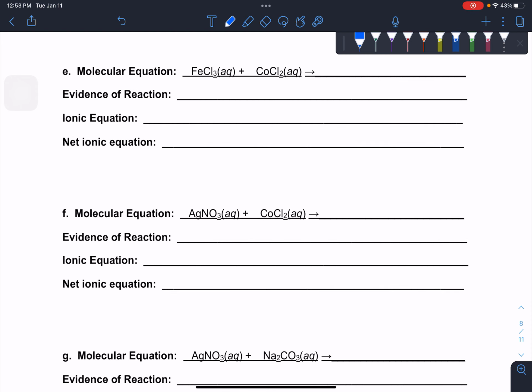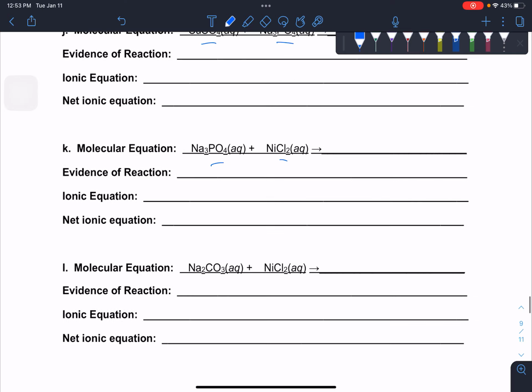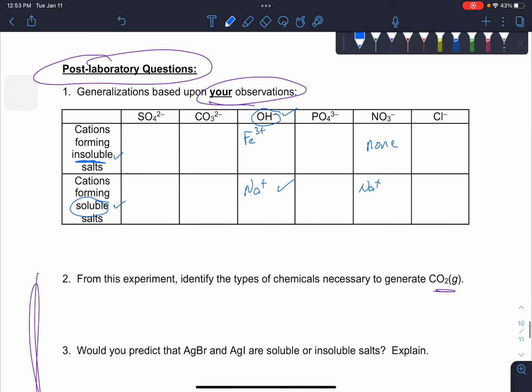Give me 1 second here. Notice that in F, the double replacement reaction sets up cobalt and nitrate. So based on my observations, cobalt is another one that would form a soluble salt. Okay, so scan your results to fill out this chart.